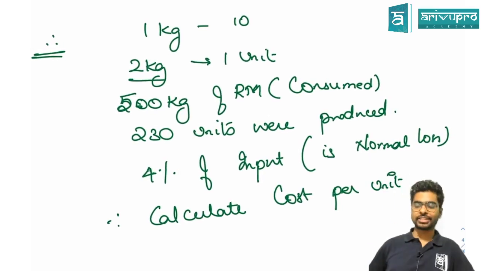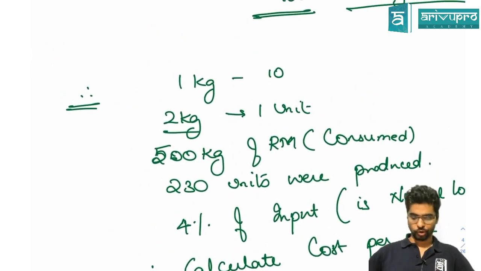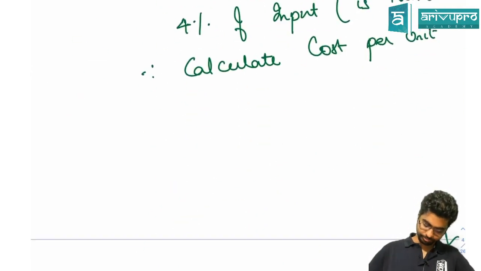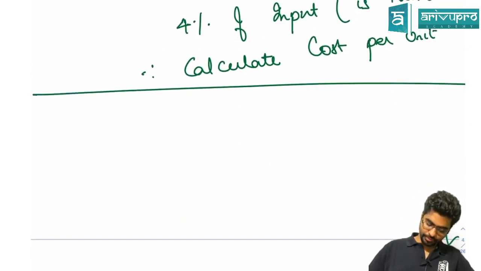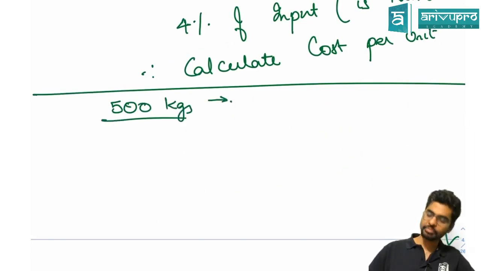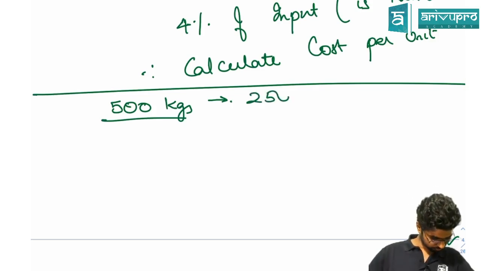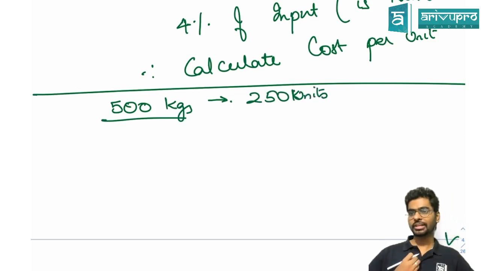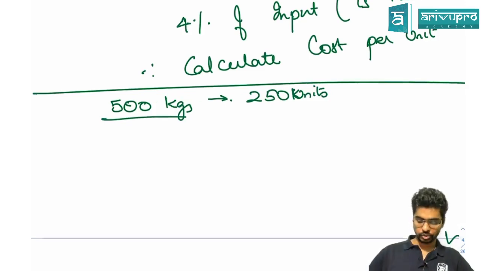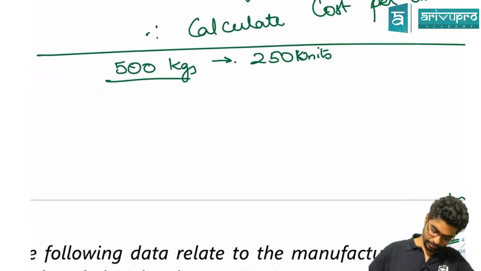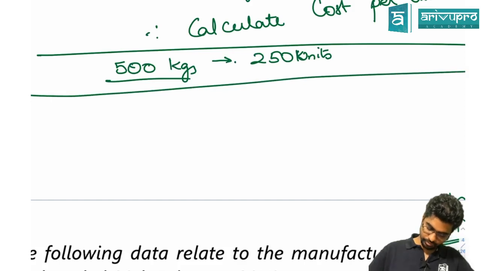Okay, let me see whether you all did it the same way I was doing. 500 kgs should have given me an output of how much? It should have given me an output of 250 units, right? 4% is a normal loss.